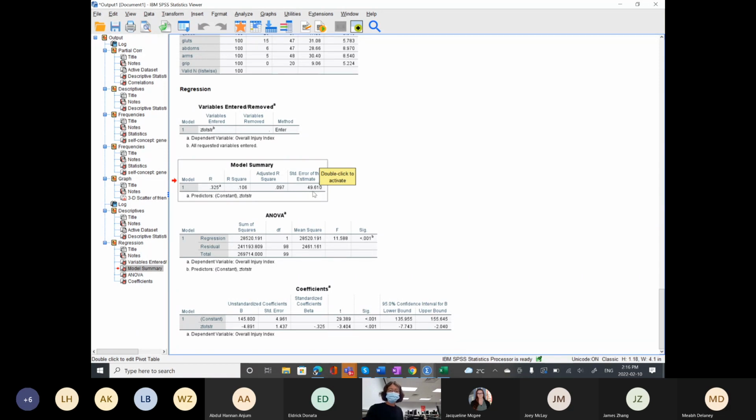This number is actually the square root of mean square due to error. Here, mean square due to residue, 2,461.161. If you take the square root of this number, 2,461, you will get 49.61.